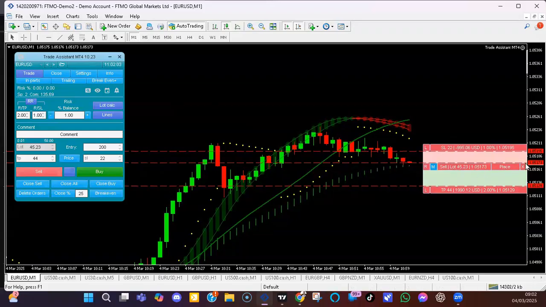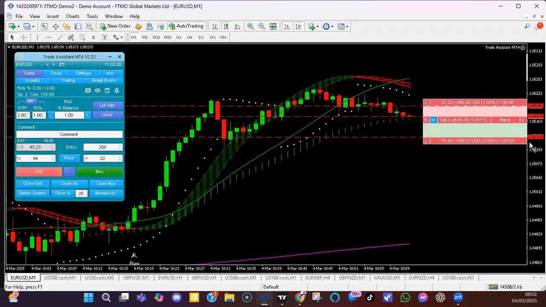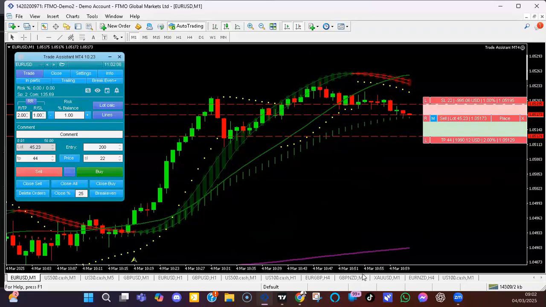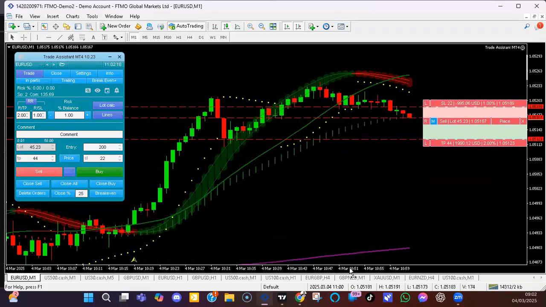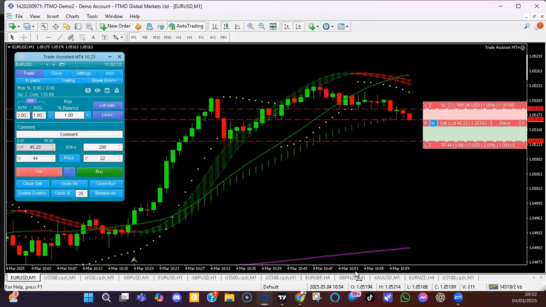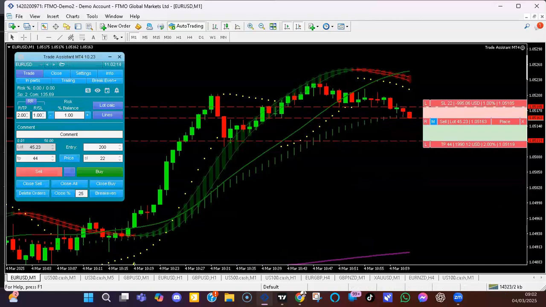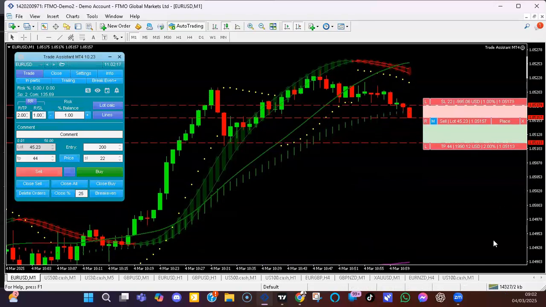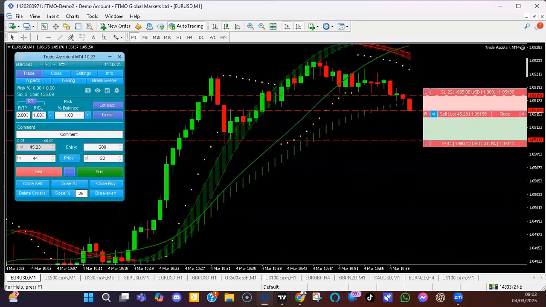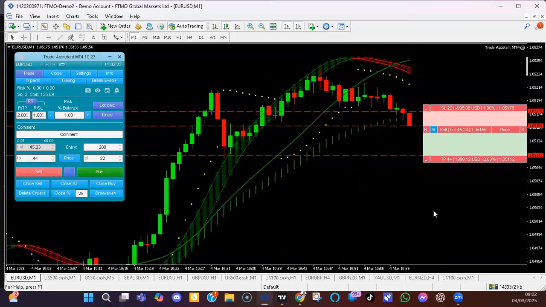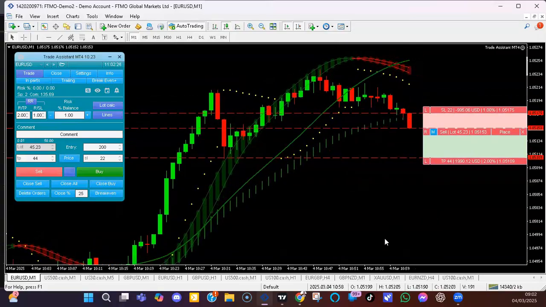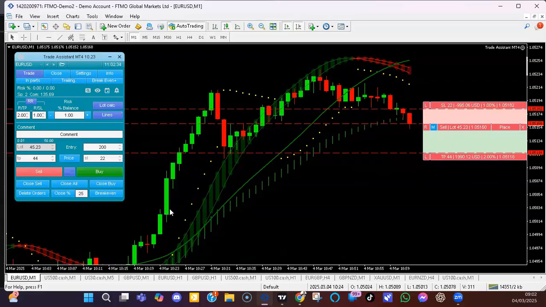I'm 2.2 pips floating. Right, I'm going to stay on a little bit longer, see if this progresses into indeed a sell alert. But the trend line, yeah, we've got all this imbalance down here, which is good.